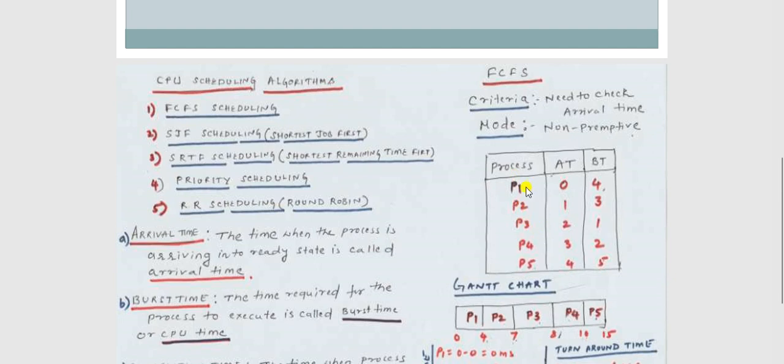If the numbering of the process is less than the next process, then you choose the first process. Like P1's number is less than P2's number, correct? That is the nomenclature you have to follow when the arrival times of two processes are the same.